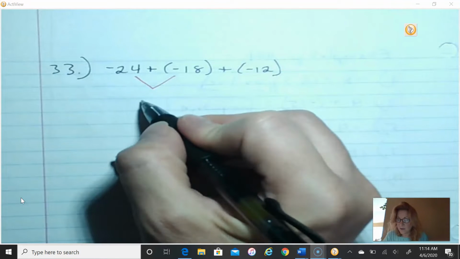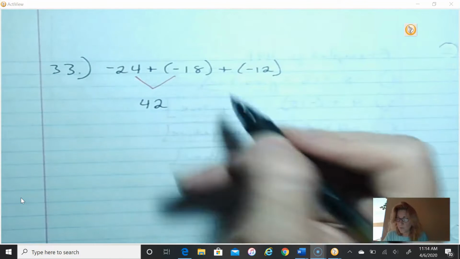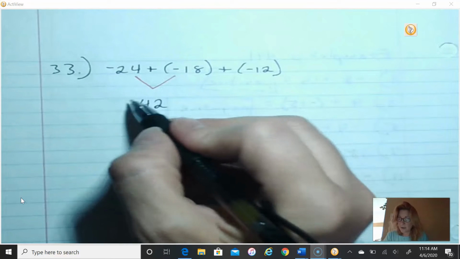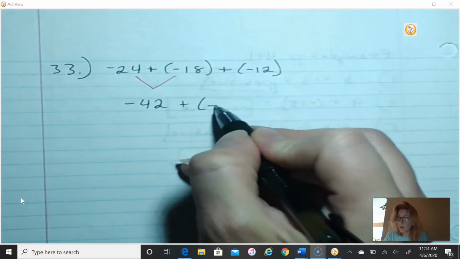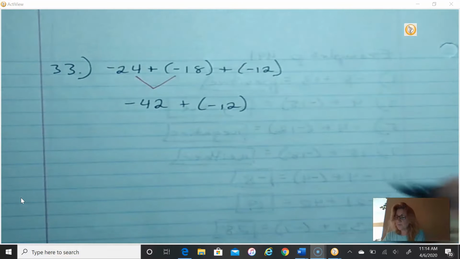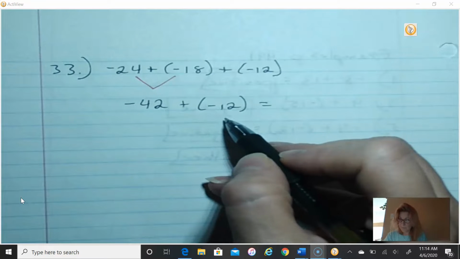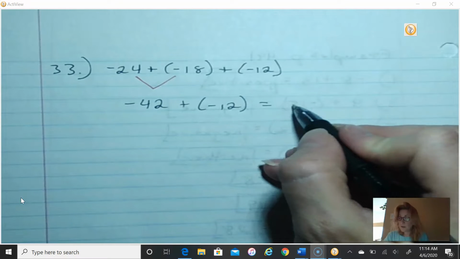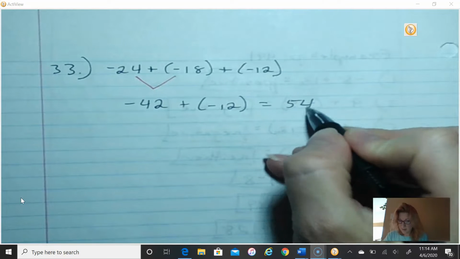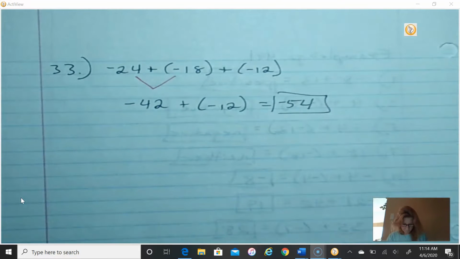So that is 42. Both of them are negative, so it stays negative. Rewrite the rest of your problem. That's a negative and that's a negative, right? So if the signs are the same, we add and we keep the sign. One more and then I'll set you free.